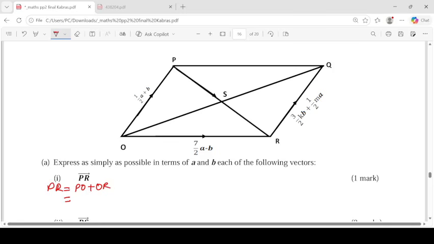Now, PO is the opposite of OP. If OP was a half A plus B, then PO will be minus a half A minus B. So this is minus a half of A minus B plus OR, which is 7 over 2 A minus B. So this will evaluate to, let me get the like terms, negative a half plus 7 over 2, that is 3A.